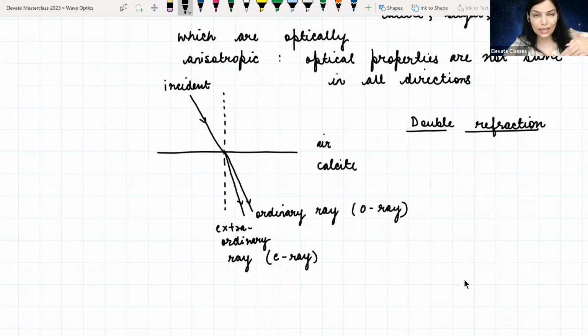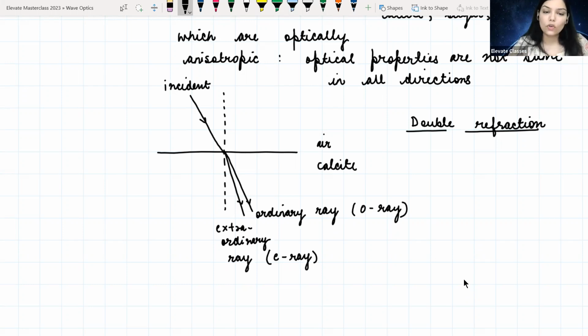So how the incident light hit the interface, and then in which direction the extraordinary ray moved, all those things will influence the amount of refractive index it experiences, and therefore Snell's law would not hold true for all directions. I might have some relationship for one angle, and some other relationship for another angle. So in general, we would say that the extraordinary ray would not follow Snell's law, and that is why it's called extraordinary. That is why the name is like that.